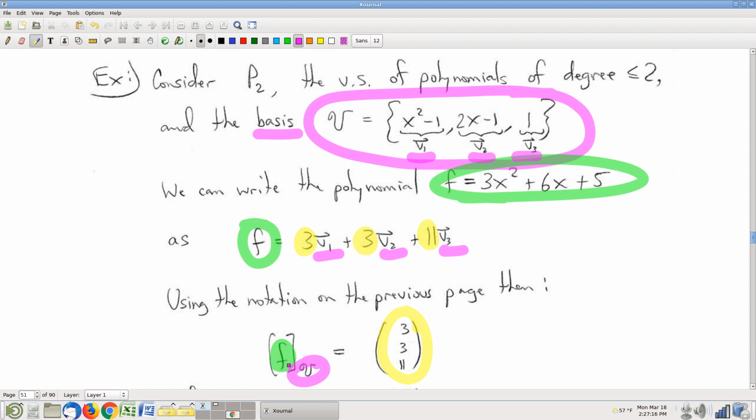Okay. So, convenient, compact, familiar notation here to talk about what otherwise would be a function, which is sometimes inconvenient. But 3, 3, 11, very familiar, very convenient, very compact.